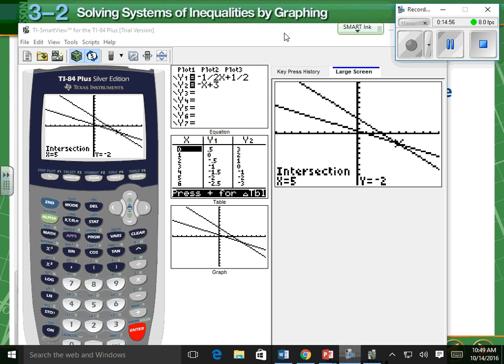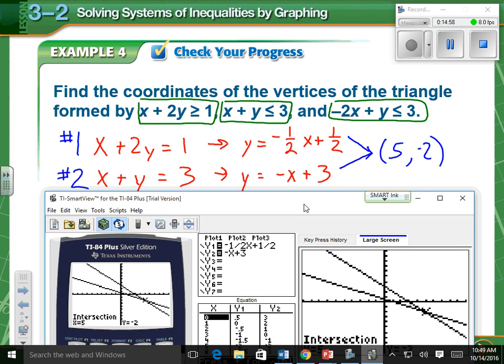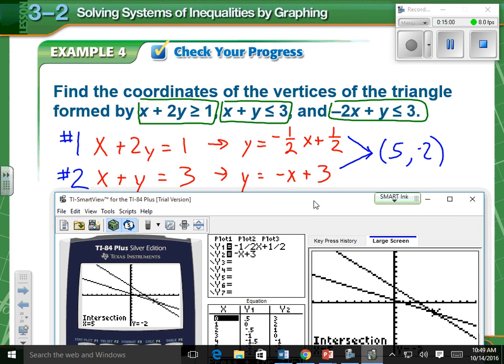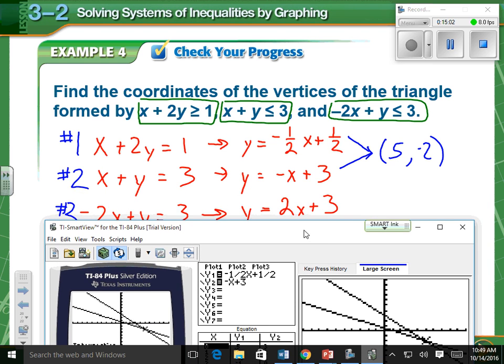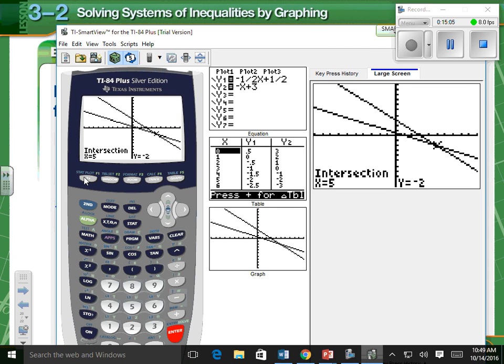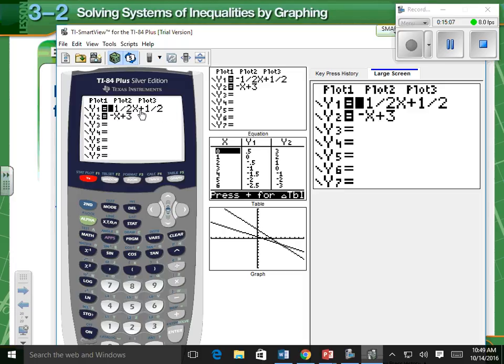So then if we take the second equation and the third equation, so the negative x plus 3 and the 2x plus 3, okay, so I'm going to remove this one and put in negative x plus 3 and 2x plus 3.